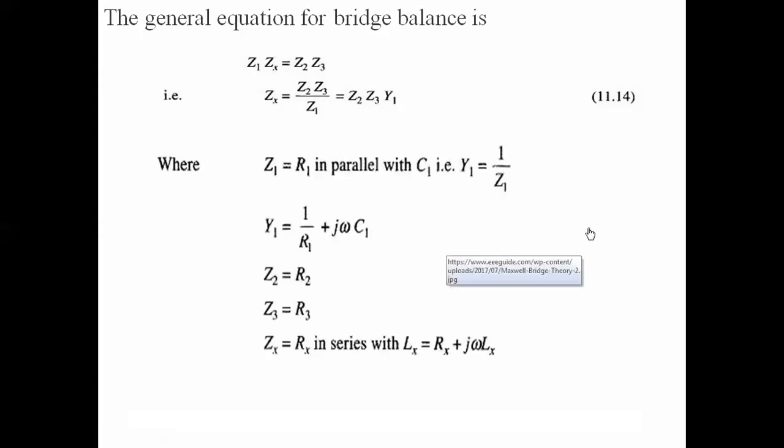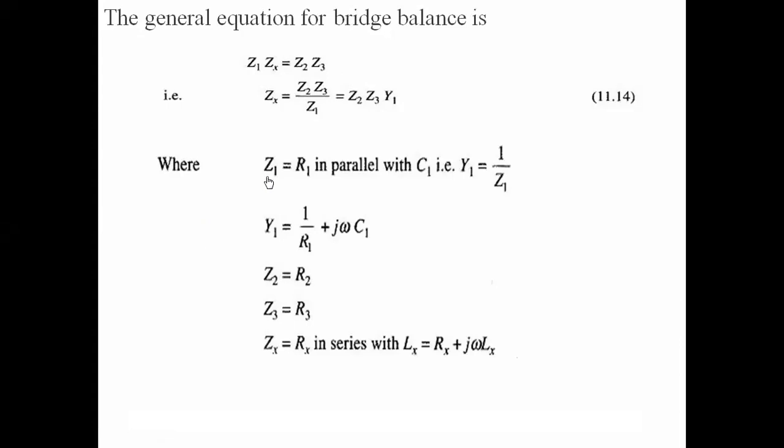And 1 by Z1 is represented as Y1, because Y1 is nothing but the inverse of Z1. So 1 by Z1 is equal to Y1, the admittance.